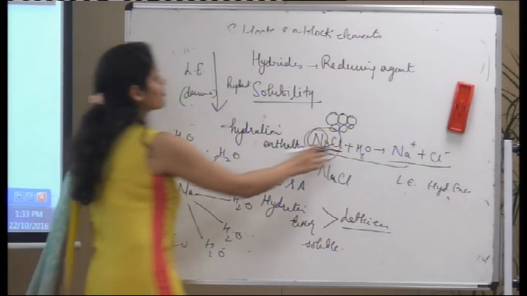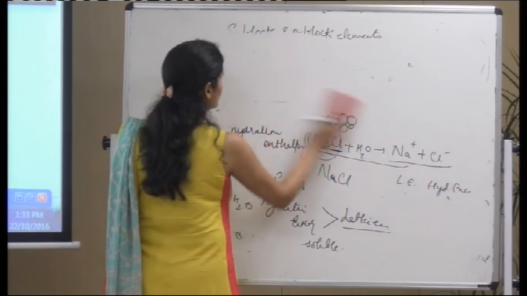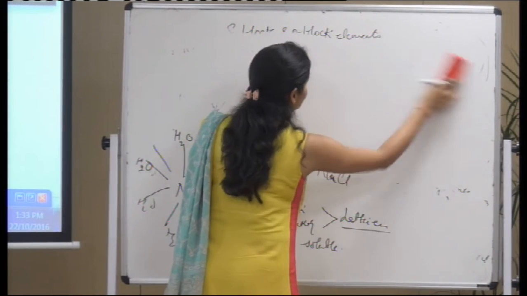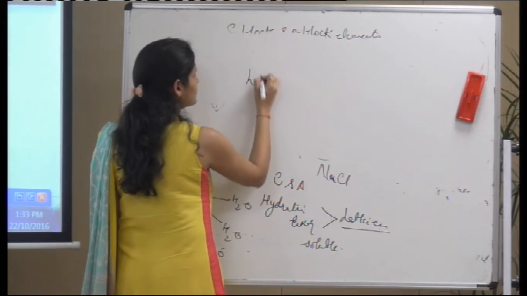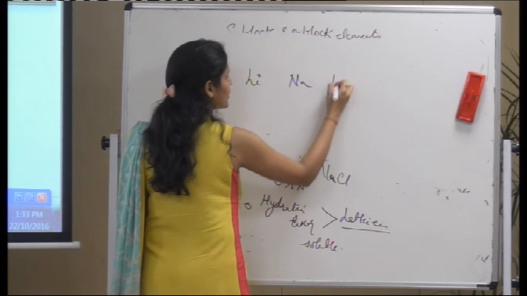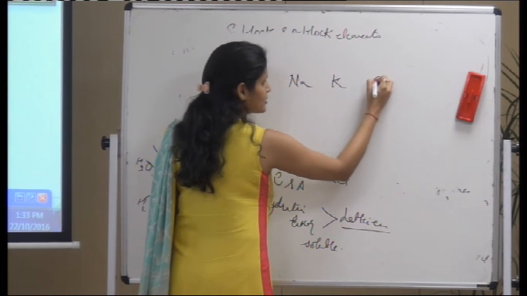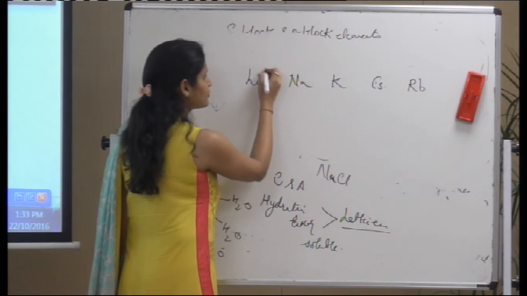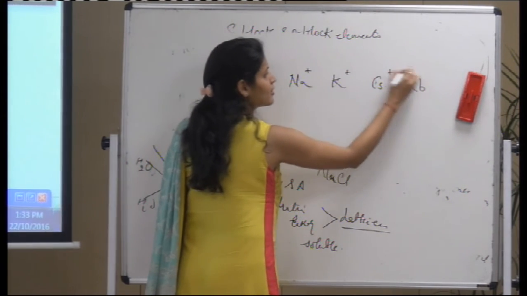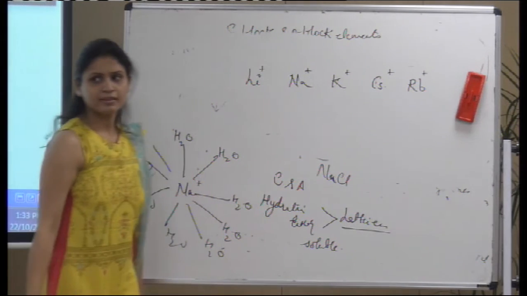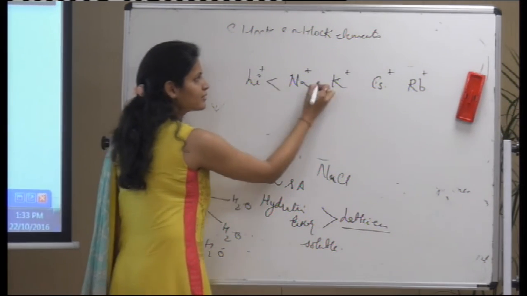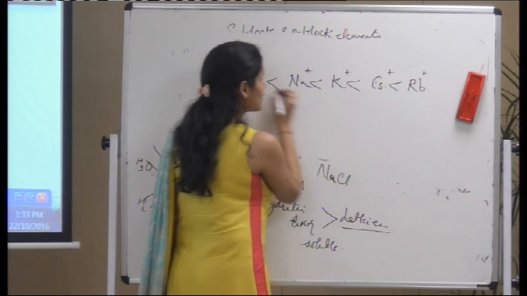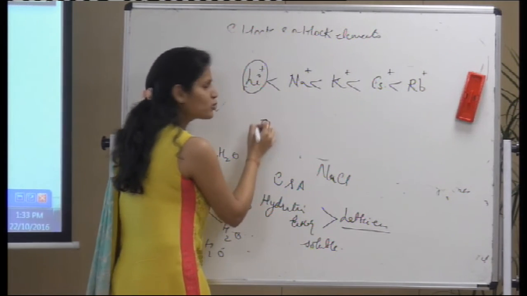So if I am comparing lithium, sodium, potassium, rubidium and cesium, what is the order of ionic size? This is the smallest, right? The smallest ion is easy to approach for the water molecules.